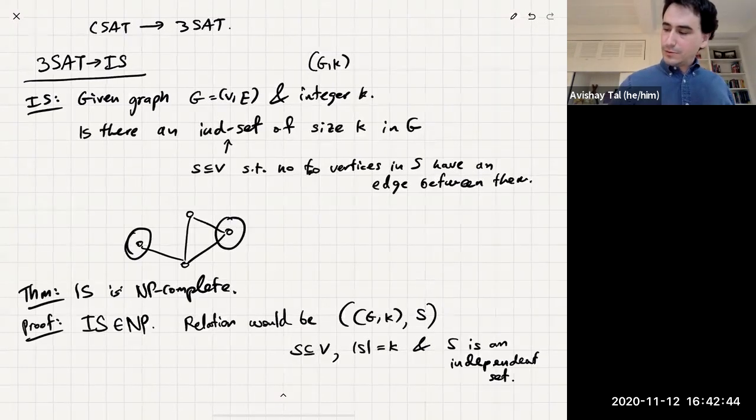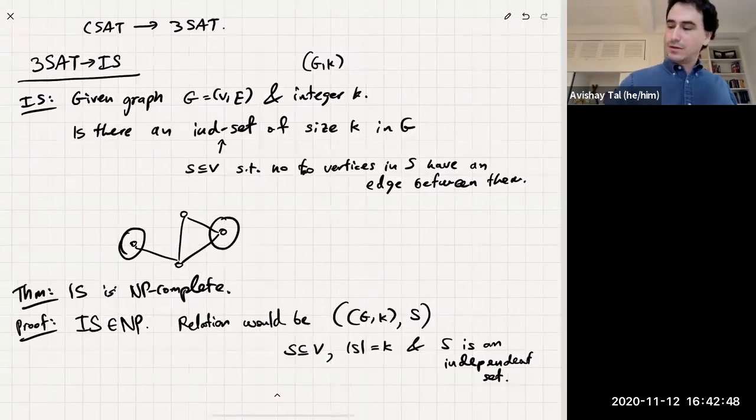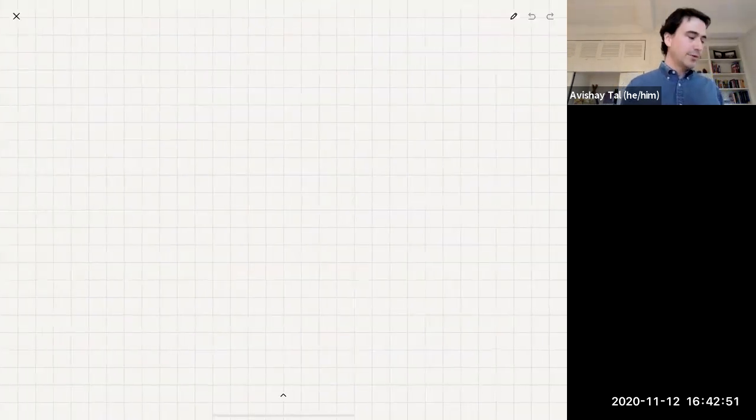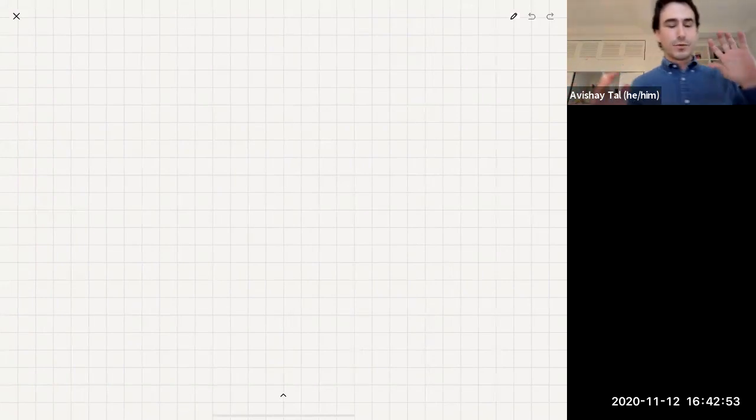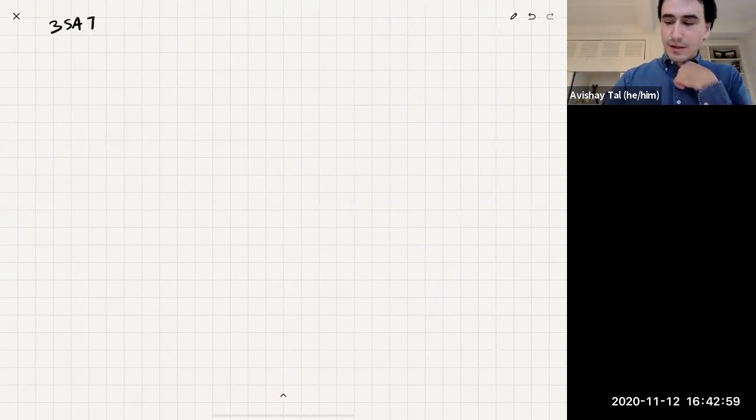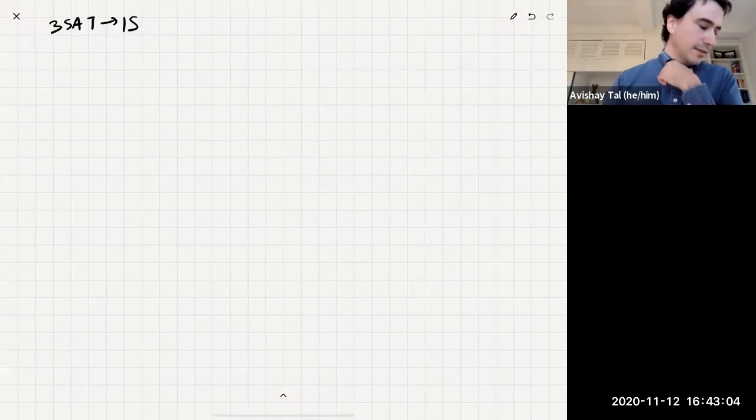And now to the more interesting proof: why is it NP-complete? Now we will see a reduction that goes from SAT or 3SAT to independent set.